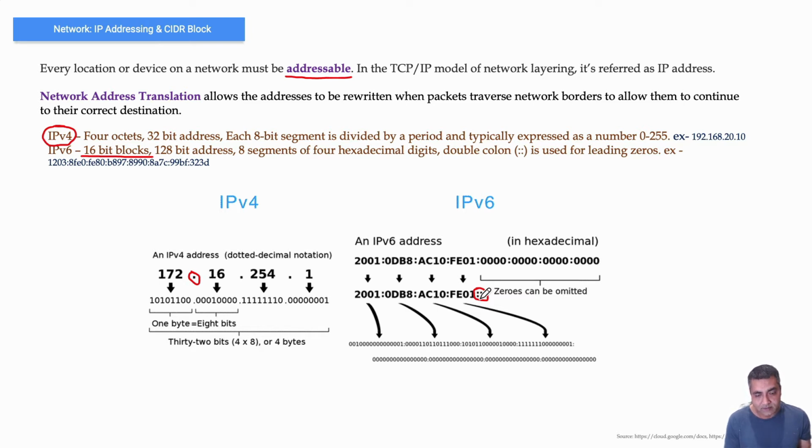For instance, for this particular address, the first 3 octets are used to describe the network. So if I look at these 3 octets, they define the network. And then the last one describes the host.